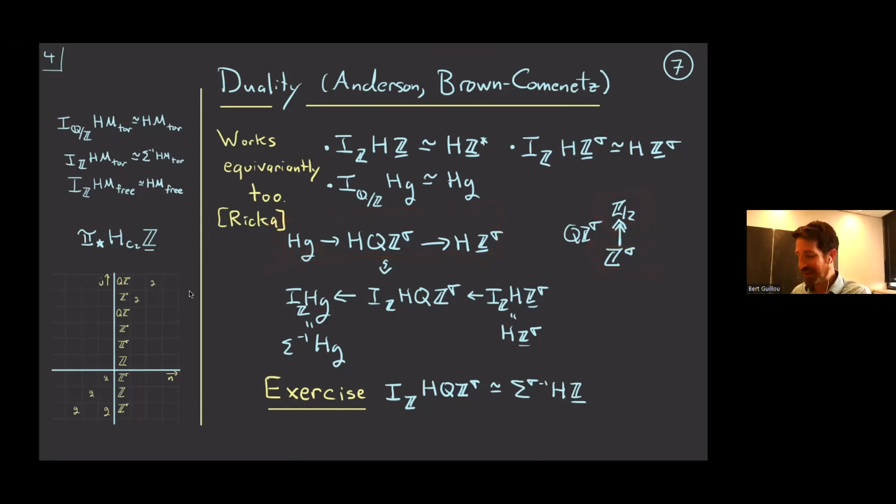Again, we can apply Anderson duality to this cofiber sequence, and we get a cofiber sequence on the Anderson duals. We now know this part is just self-Anderson dual, whereas over here we get a shift by 1. So we've learned that the Anderson dual of this Eilenberg-MacLane spectrum has a Z sigma in degree 0 and a G in degree -1.